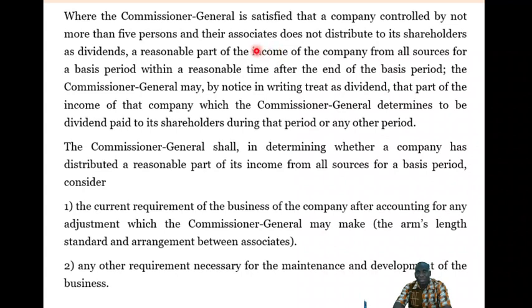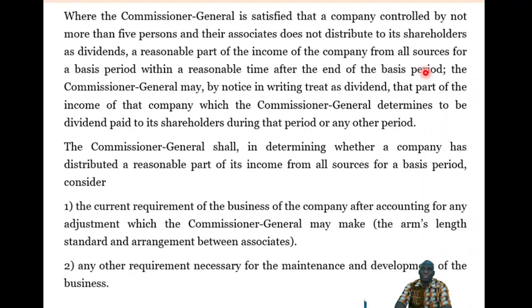So when you are learning, if you have your book, underline the words: where the Commissioner General is satisfied that a company controlled by not more than 5 persons, underline not more than 5 persons, and their associates does not distribute to its shareholders as dividends a reasonable part of the income of the company from all sources for a basis period within a reasonable time frame after the end of the basis period.